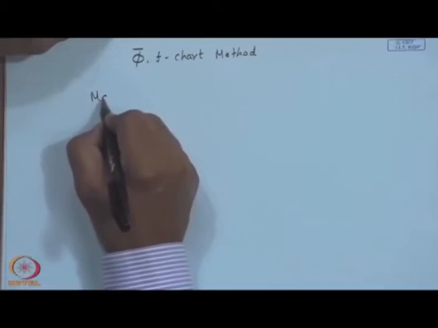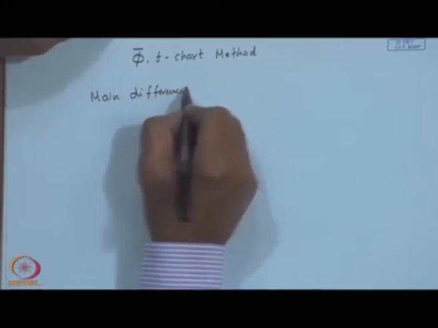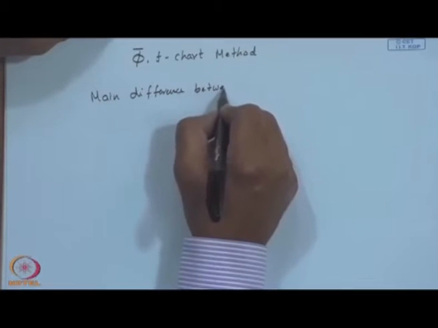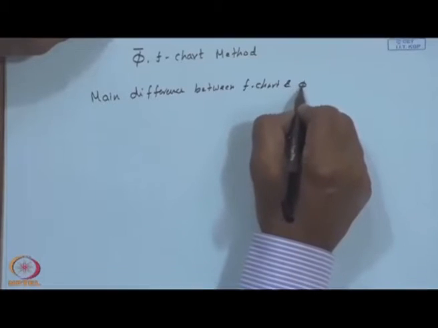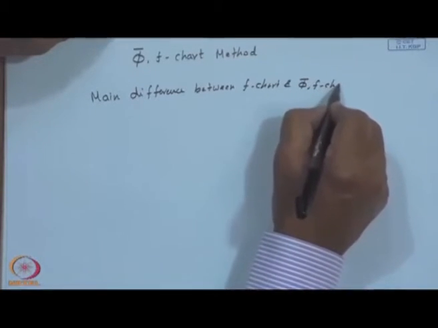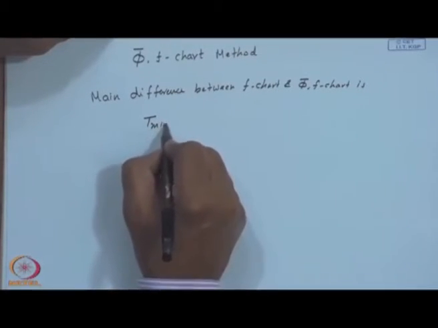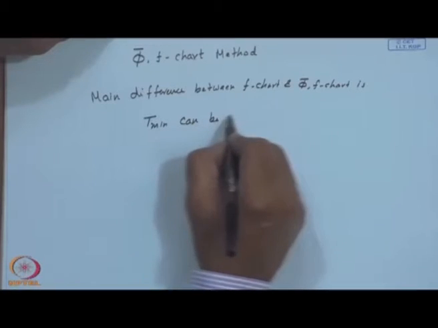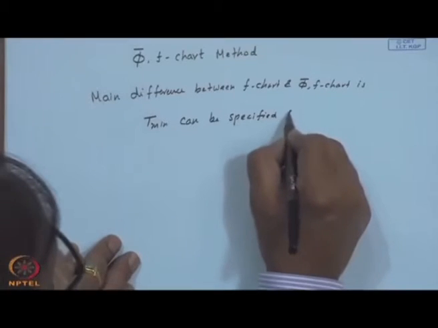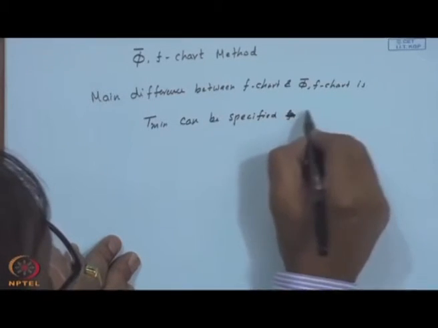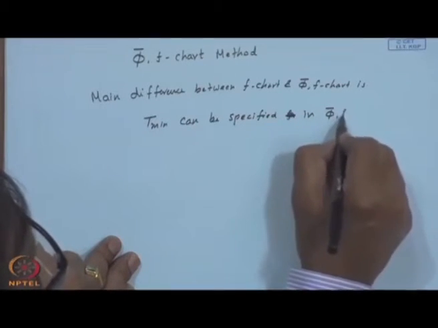The main difference between F chart and phi bar F chart is that T minimum can be specified in the phi bar F chart method.